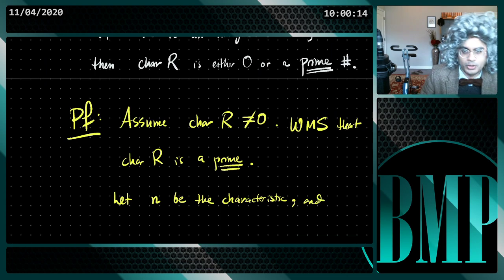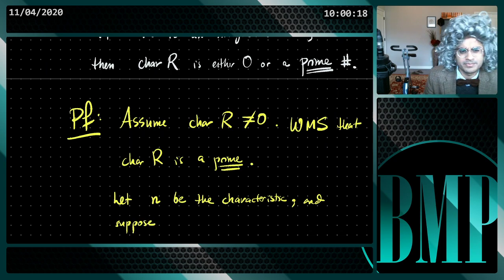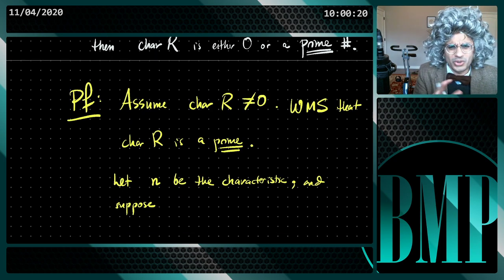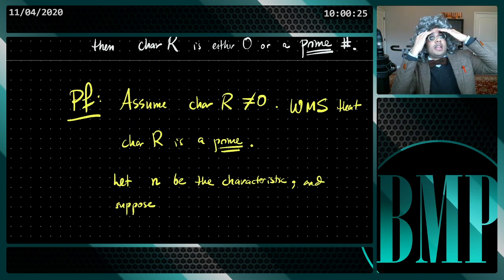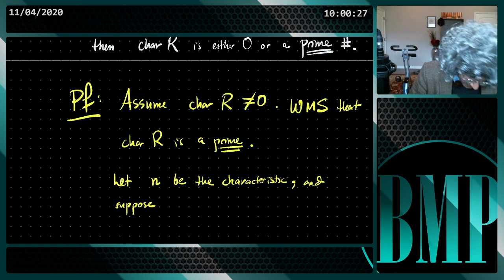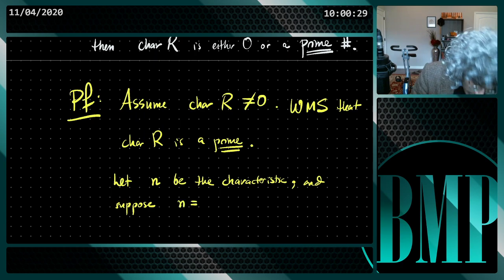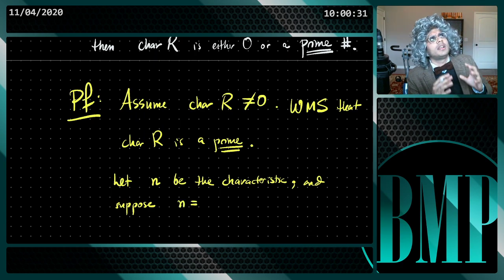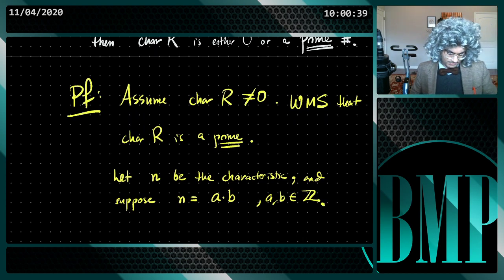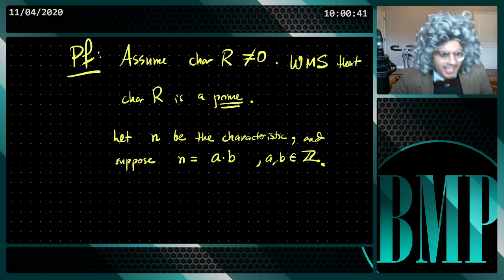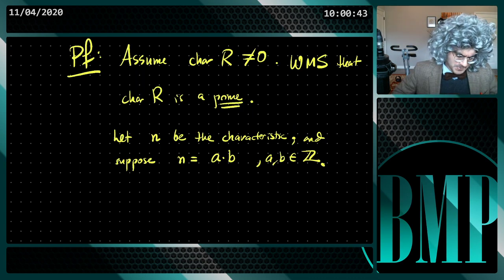And suppose it's composite. Suppose n equals a times b, for two integers.